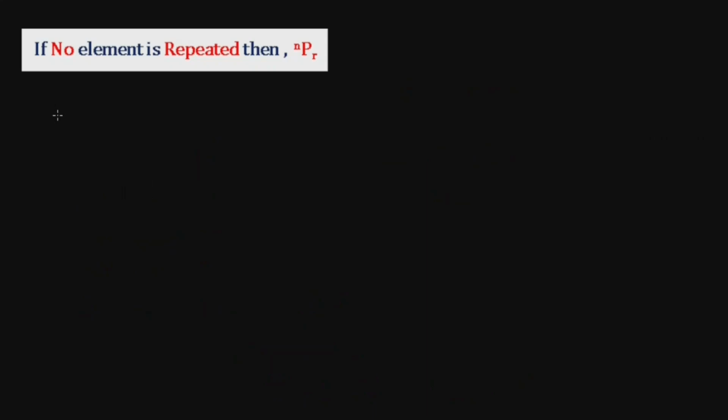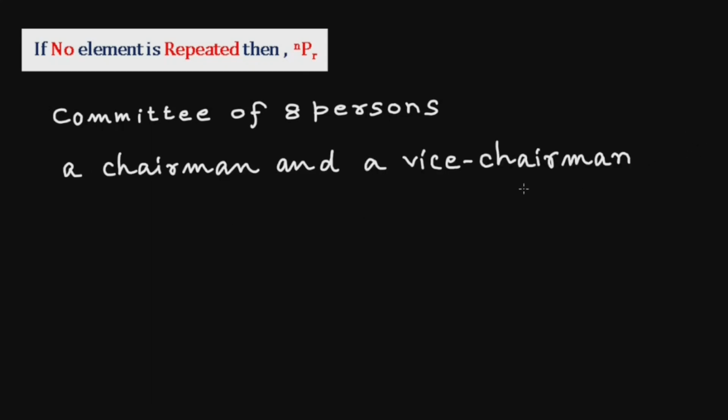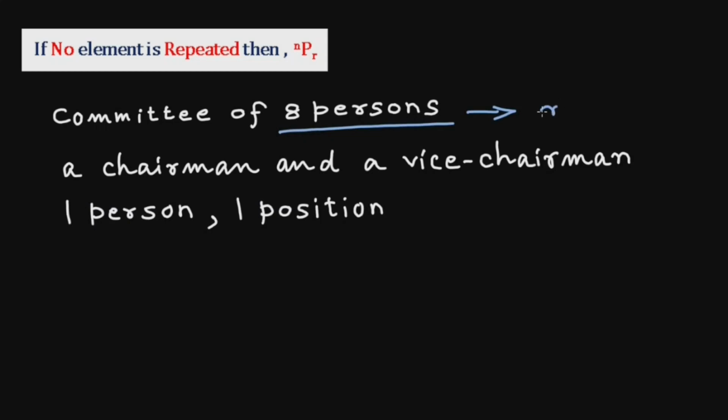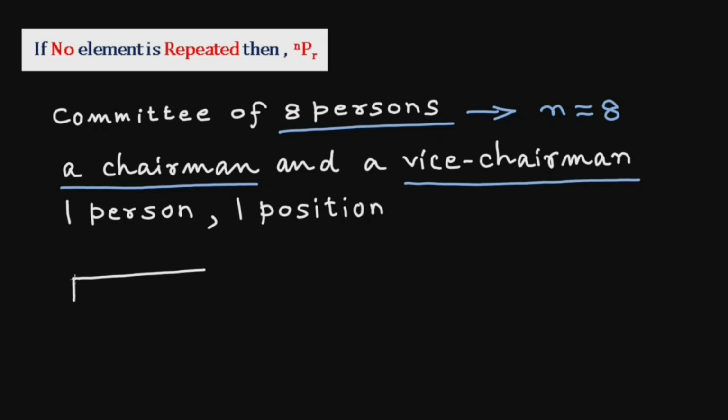From a committee of 8 persons, in how many ways can we choose a chairman and a vice chairman, assuming one person cannot hold more than one position? That means one person, one position. For 8 persons, we have n equals 8, and out of these 8 persons, we have to fill 2 positions, one for chairman, another for vice chairman. So we have 2 vacant places.